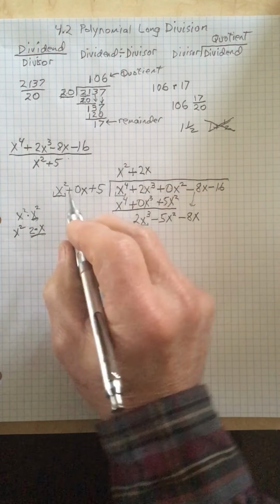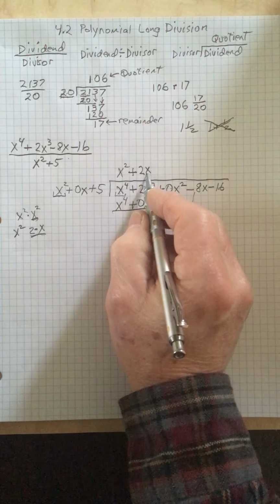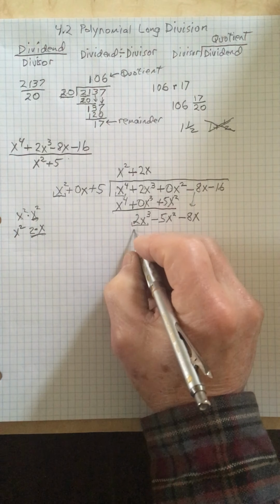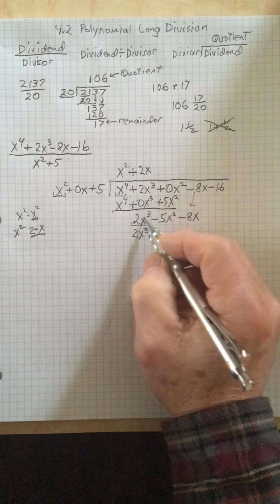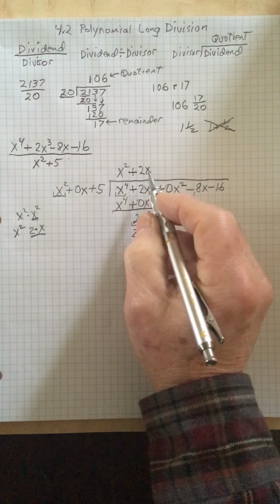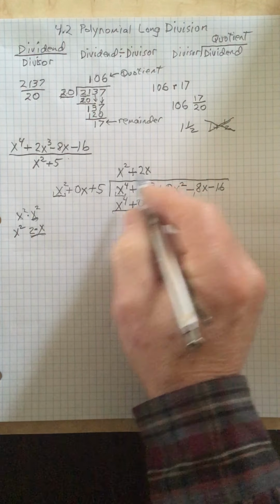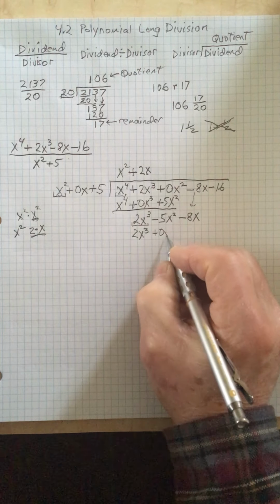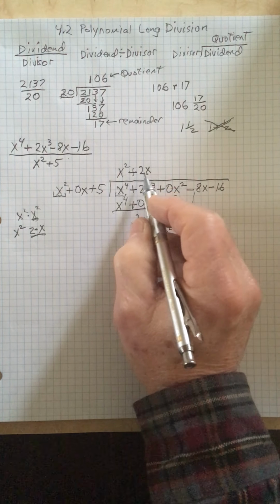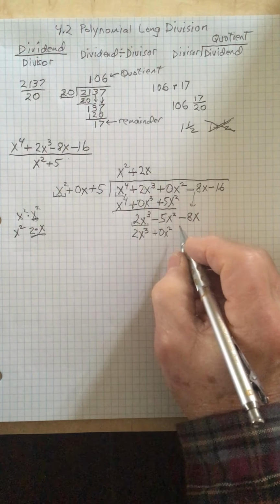Again, multiply this by all of this. 2x times x squared, 2x cubed. These need to match, and they do. 2 times 0 is 0, but those would have been x squared, so let's just say 0x squared. And then finally, 2 times 5 is 10x.